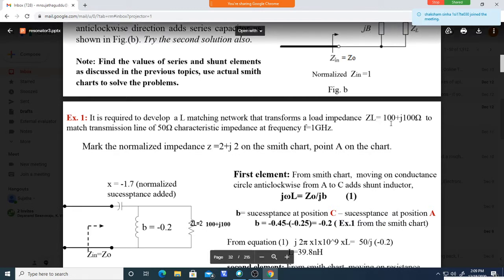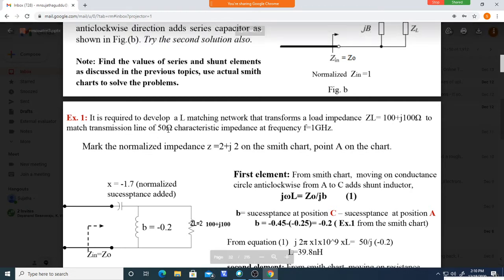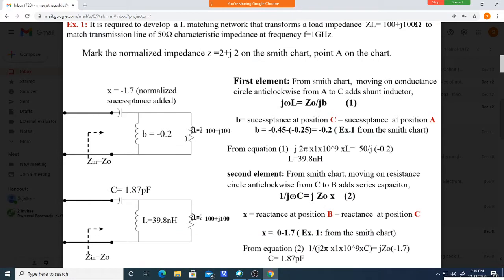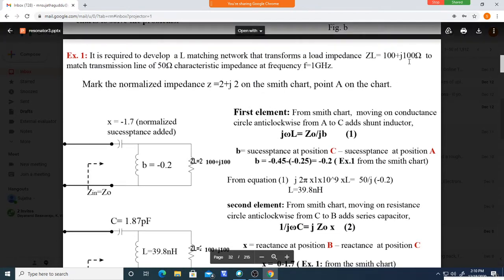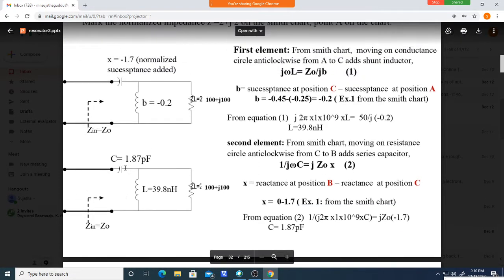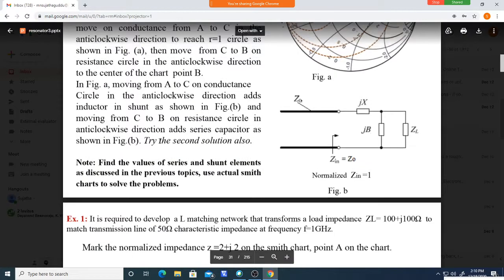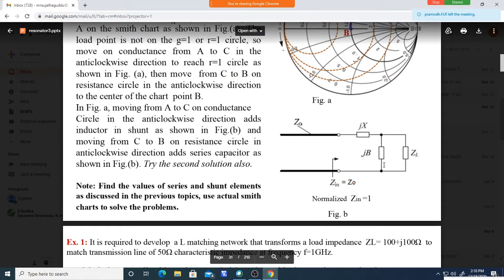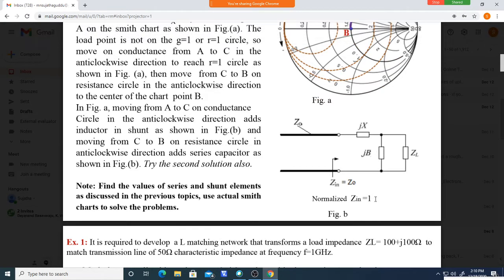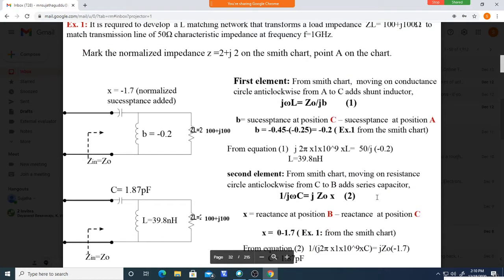This load must be matched to the transmission line. The characteristic impedance is equal to 50 ohm. So our intention is to convert this into 50 ohm. We should make the load look like 50 ohm, so looking in this direction, it should be equal to 50 ohm. Our normalized impedance is equal to 1.